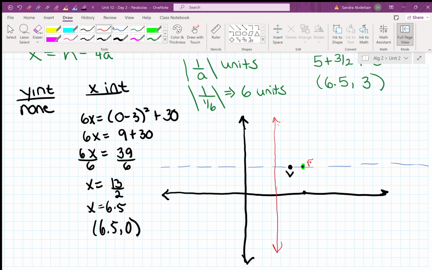And then we're going to go 6 units. So 3 units above, 1, 2, 3, and then 3 units below, 1, 2, 3, which is the x-intercept. And then you connect those points. So if you memorize the formulas, it's not hard. It's just more tedious than anything else.